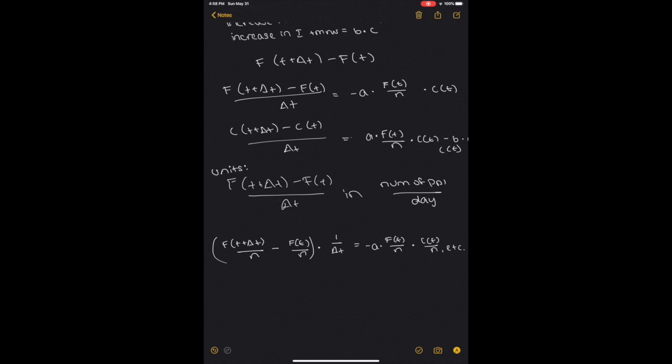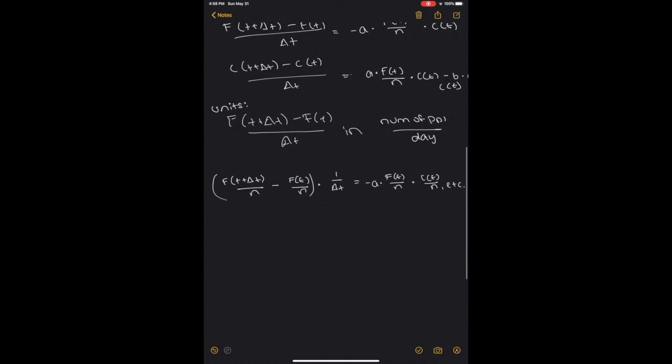In terms of fraction variables, the rate equations become delta s over delta t is equivalent to s of t plus delta t minus s of t all over delta t. And this is equivalent to negative a times s of t times c of t.